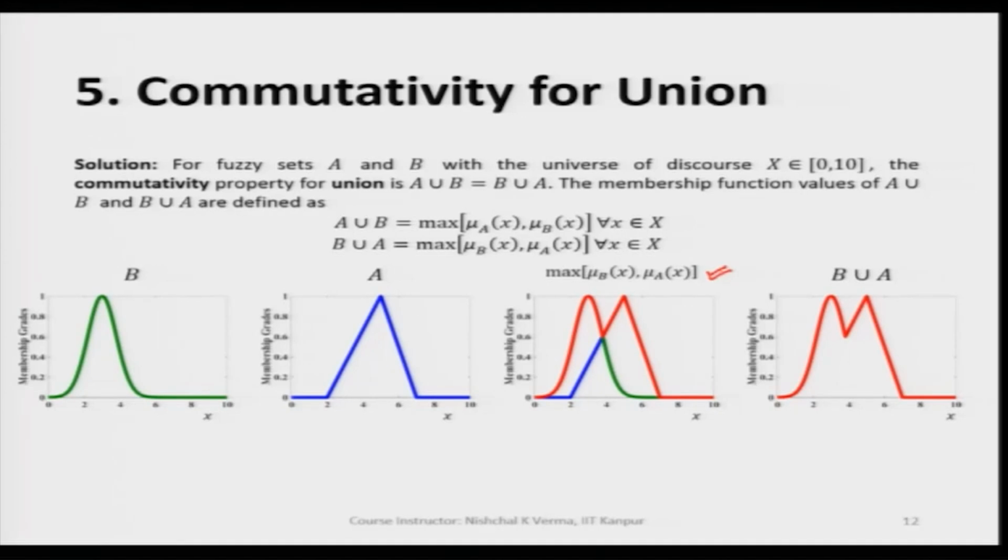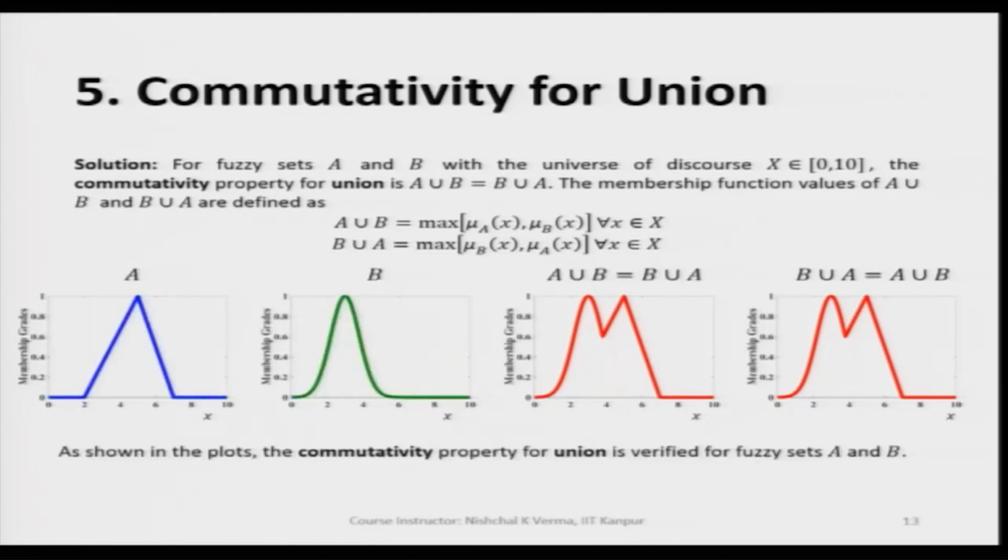We take the max of mu B and mu A. This way, we see that we have A union B and B union A, and both the outcomes are the same.